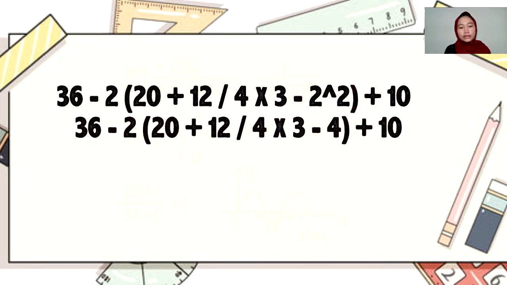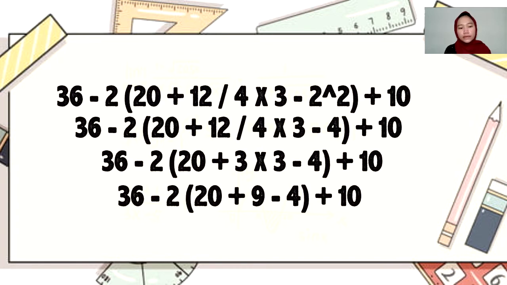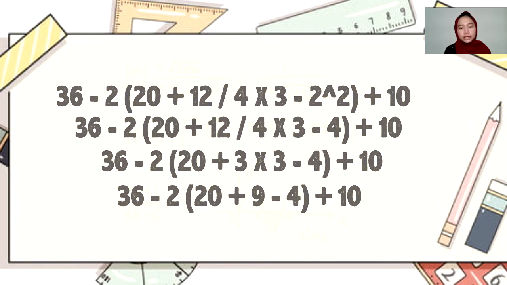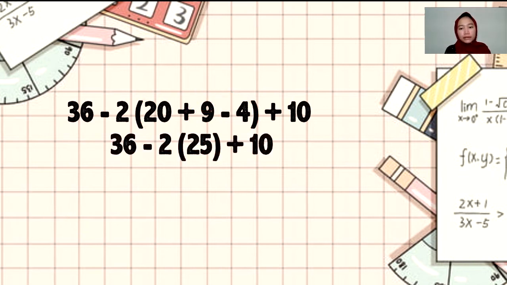Next, I divide 12 by 3 and so I have 3 from this division. After that, I multiply 3 by 3 since multiplication comes first before the addition and subtraction. Now I add 9 with 20 and subtract 4. Thus I came up with 25 as an answer in the parentheses.